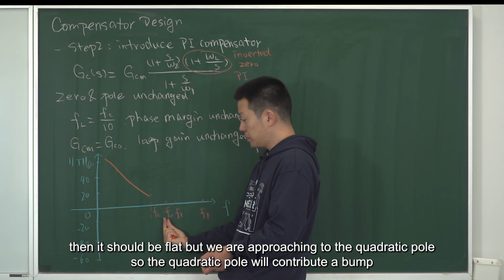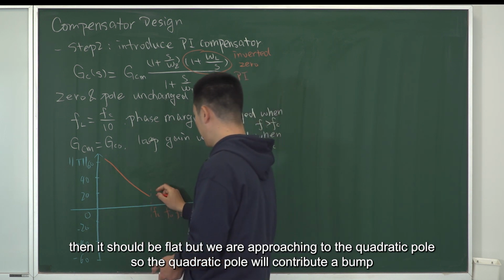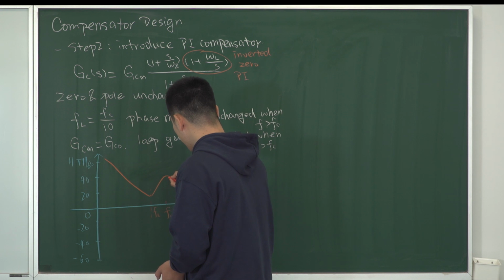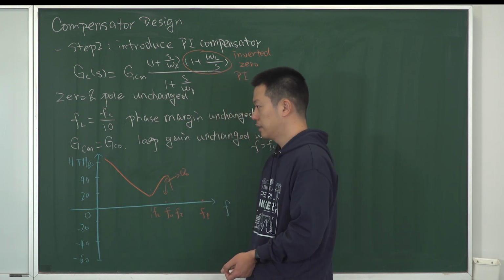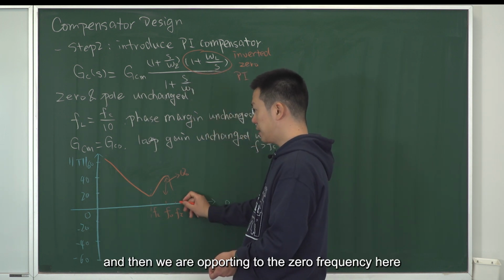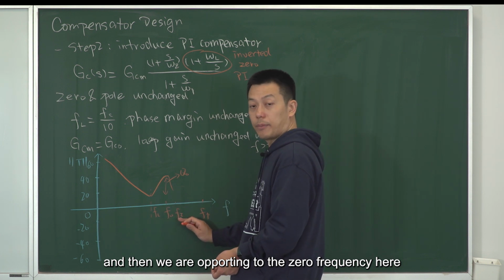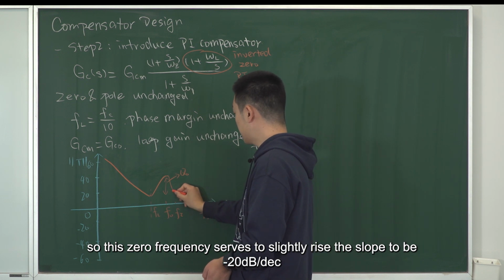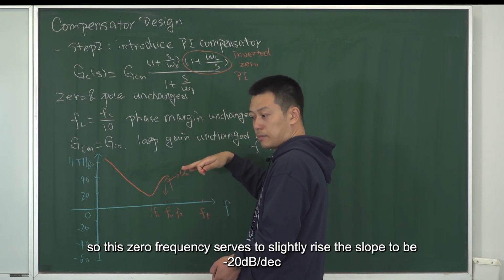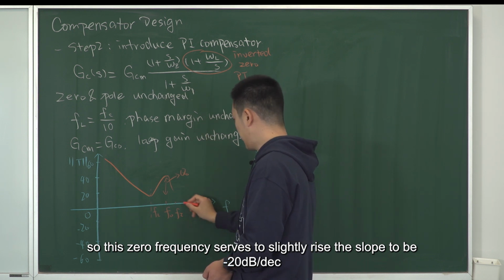But we are approaching the quadratic pole, so the quadratic pole will contribute a bump. The bump height is Q0 in dB, and then we are approaching the zero frequency here. So this zero frequency serves to slightly raise the slope to be minus 20 dB per decade.